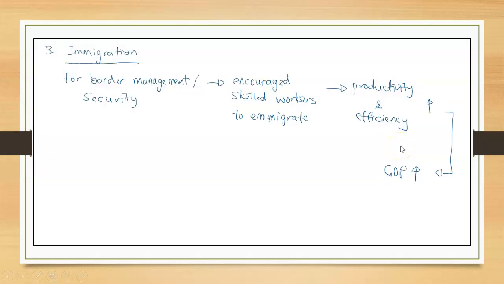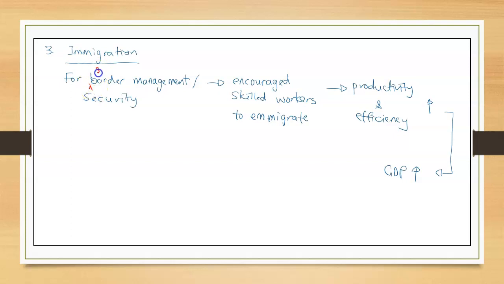Okay, question 3. Link 3. The third link is immigration. Now, here we are looking at Australia having a very strict border management.